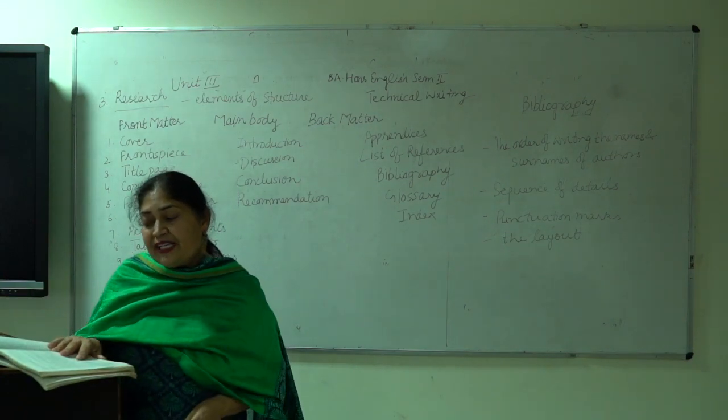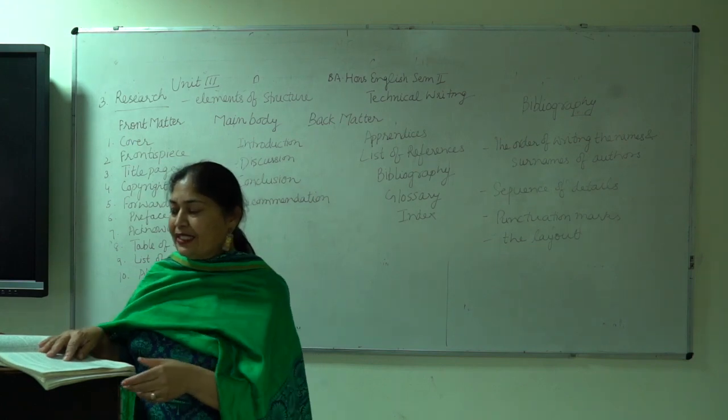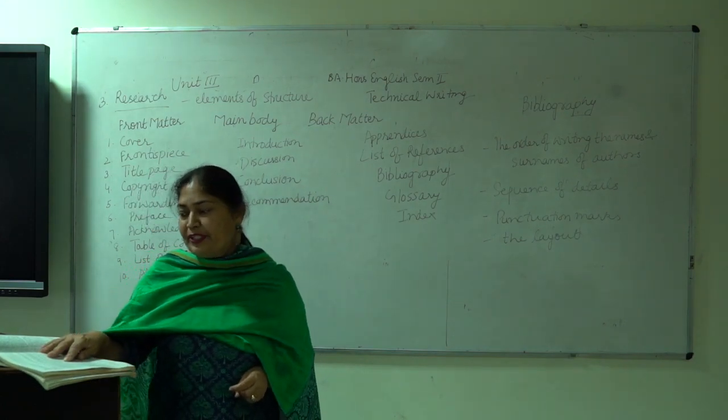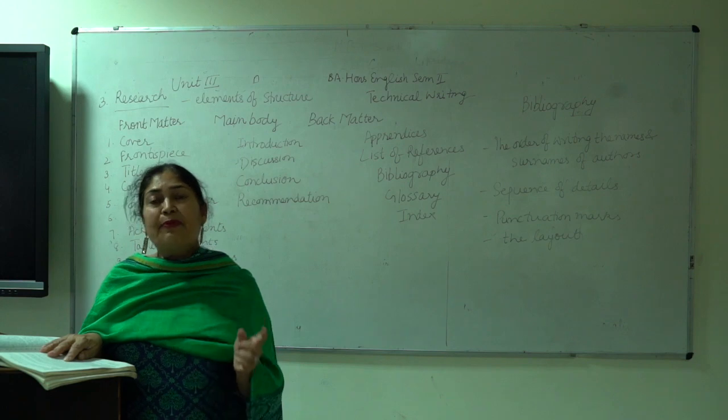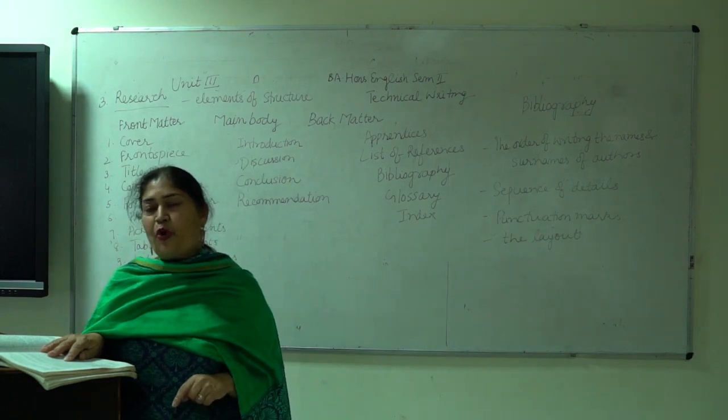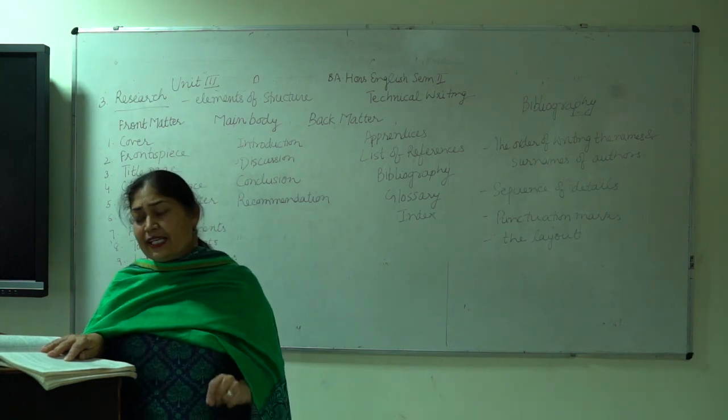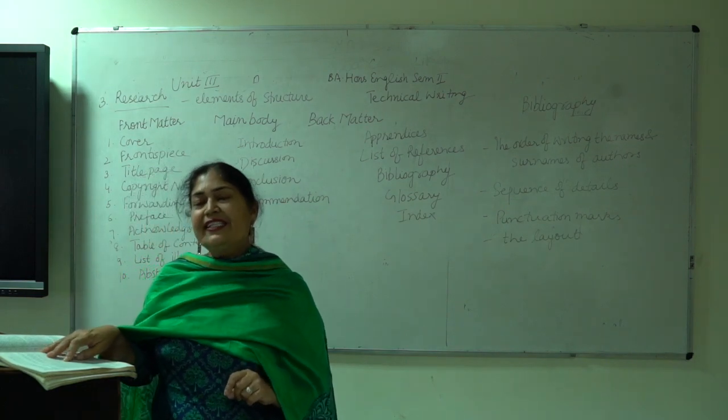A bibliography is a serially numbered list of published and unpublished works which are consulted before or during the preparation of a report. It is distinct from the list of references in several respects.